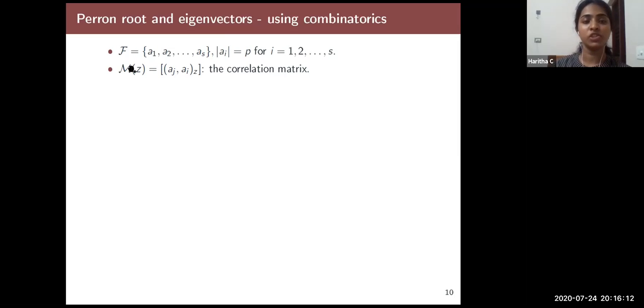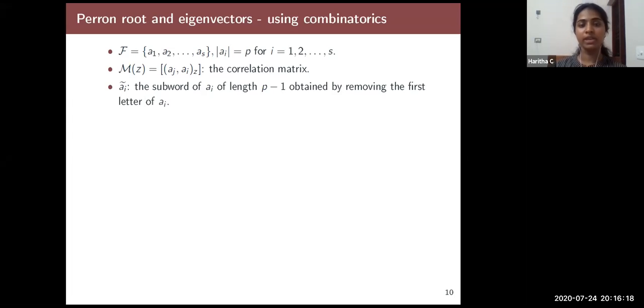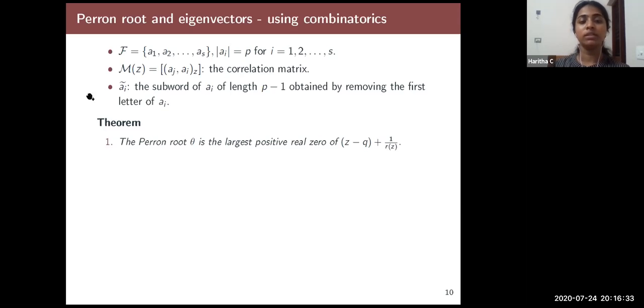So we assume that the forbidden collection has words of length p, and M is the correlation matrix. And a_i tilde is a subword of a_i obtained by removing the first letter of a_i. Note that a_i has length p, so you remove the first letter, so a_i tilde will have length p minus 1. Then the theorem tells us that theta, the Perron root, is the largest positive real zero of z minus q plus 1 by R(z).